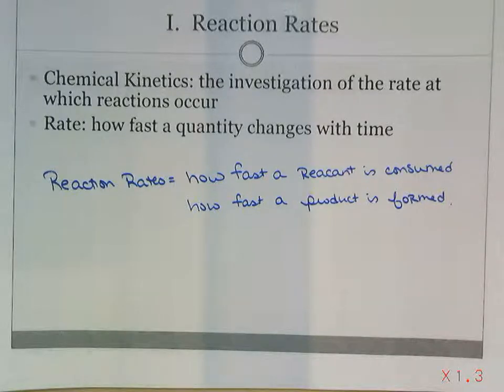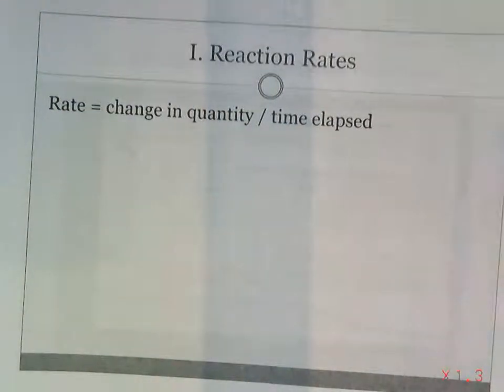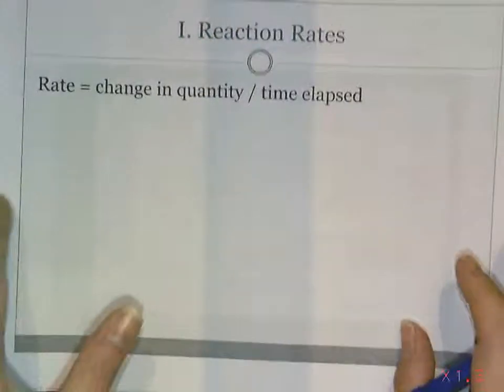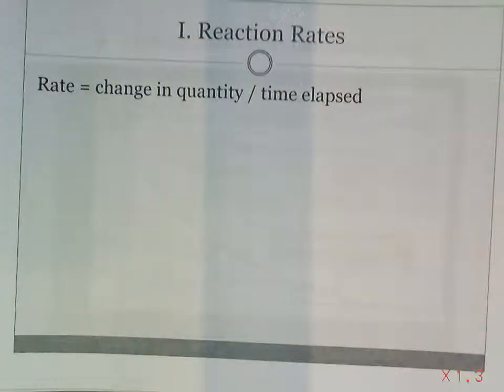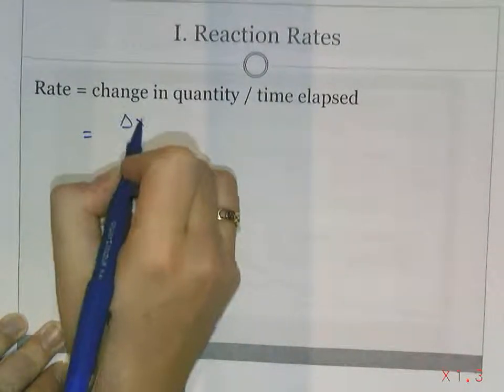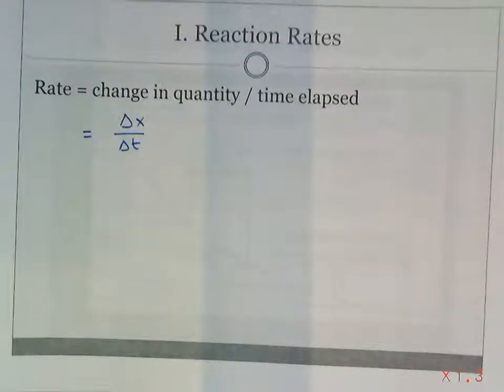So we'll do some big review about some very standard terms, right? So here's my rate again. Rate is a change in quantity divided by some sort of time. So I could write that mathematically, right? Change in x, where x is whatever I'm measuring, over change in time, delta t.